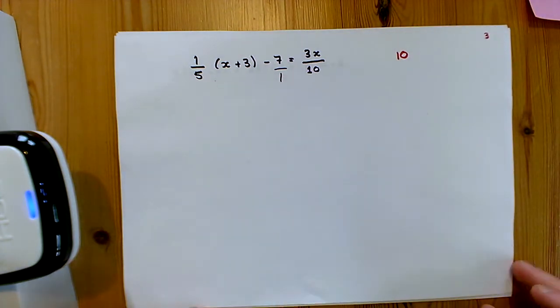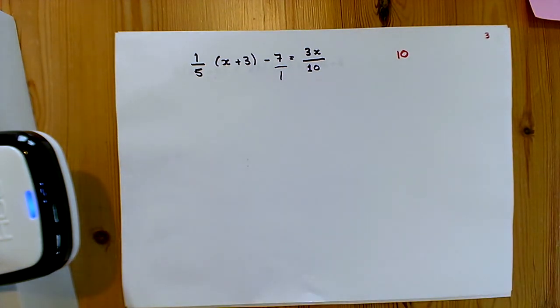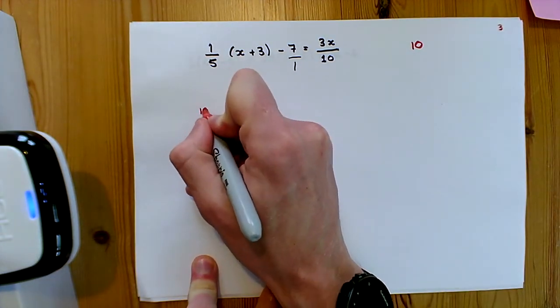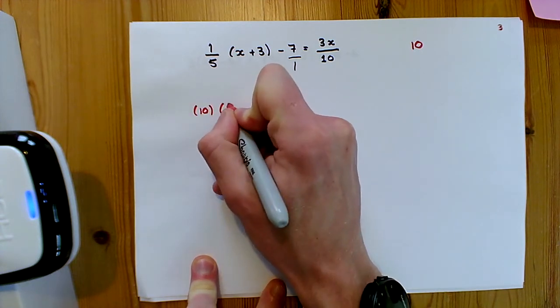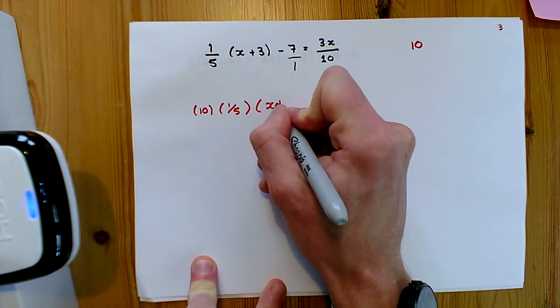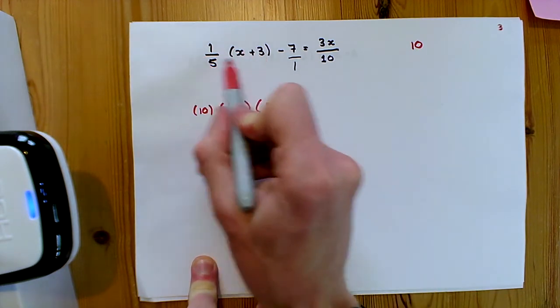Now that I've recognized that, my goal is to multiply each element of the equation by 10. We should see that help us out a little bit. Again, there are a few ways to approach this. We have 10 times 1/5 times x plus 3. So that's the same as this line here.